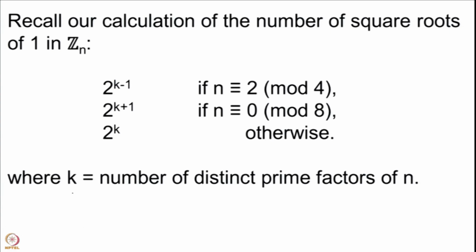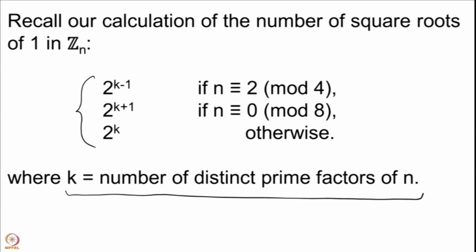Whenever we had k distinct prime factors, we had these 3 numbers. Now, whenever these numbers are more than 2, then our UN cannot be a cyclic group. So, here we want to look at these to be more than 2. That is the thing that we have to find.